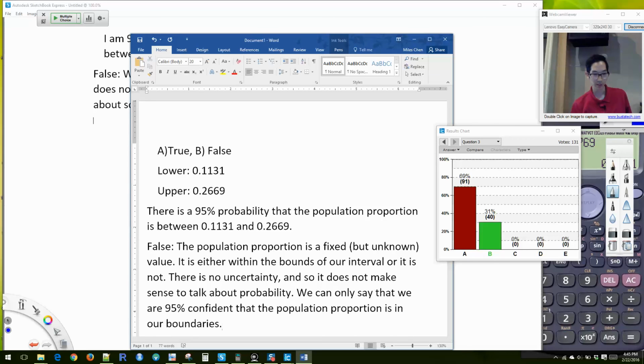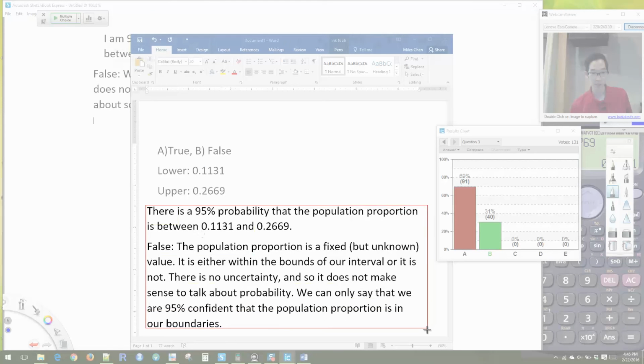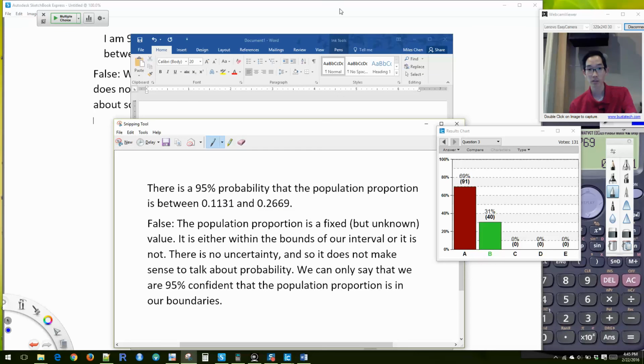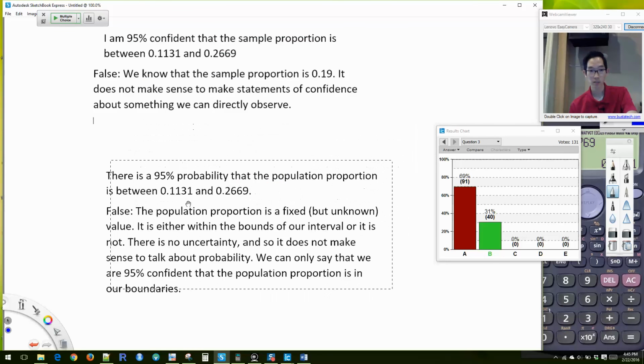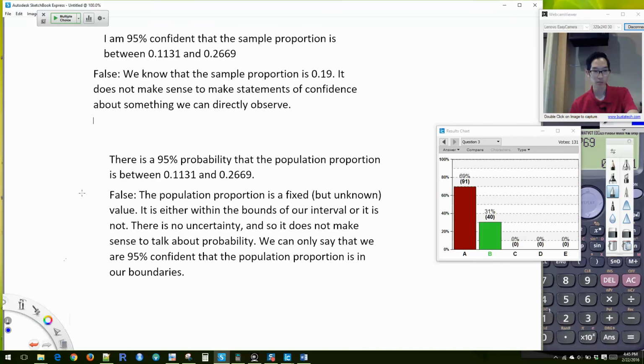Okay, so let me clip that and put that in. Maybe I'll make distinctions here.